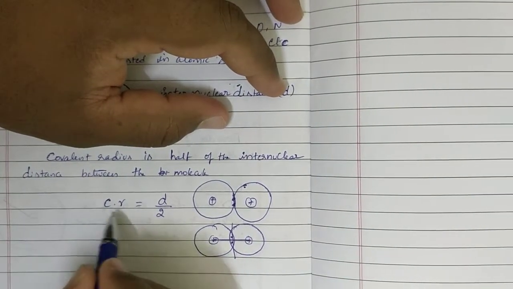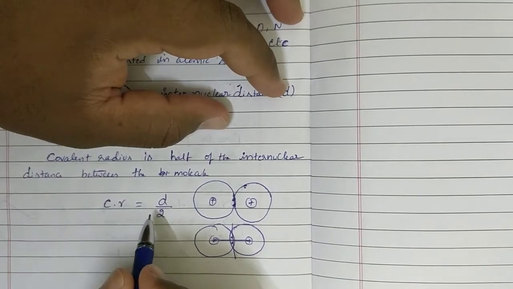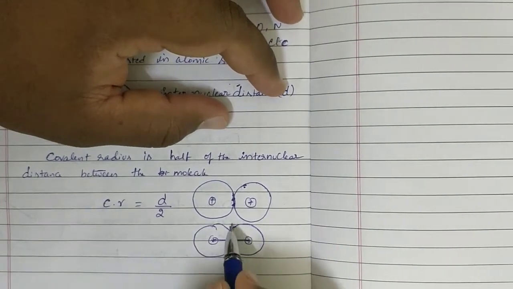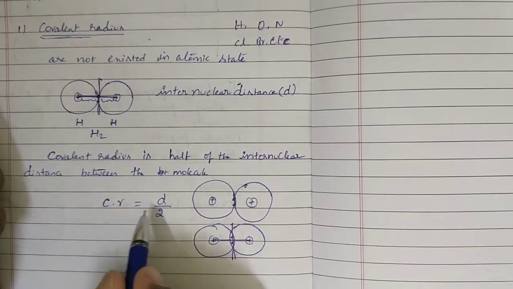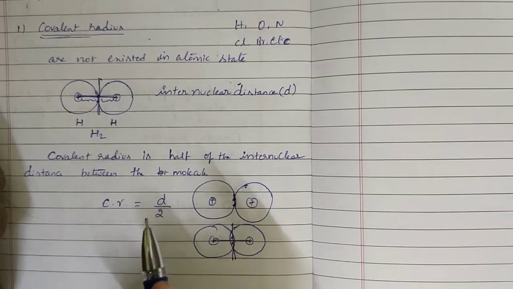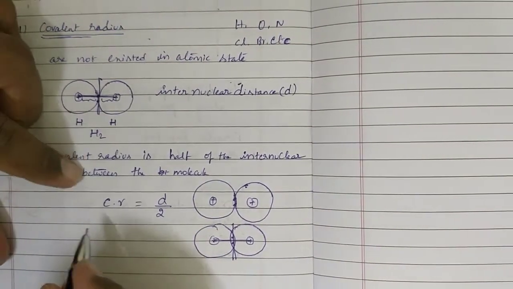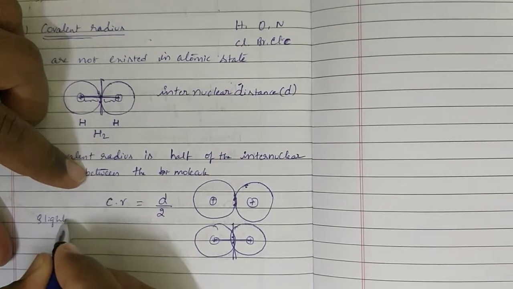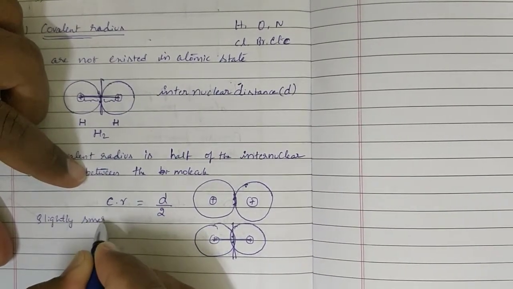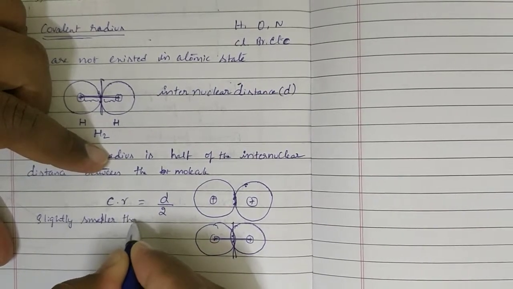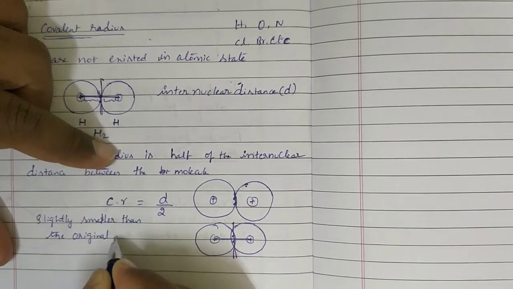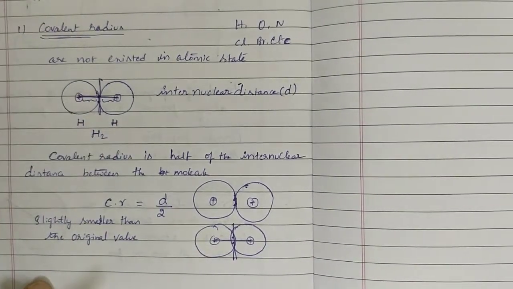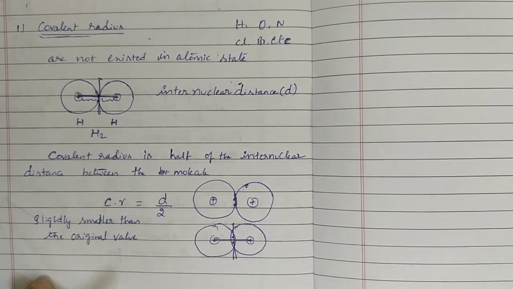Whatever covalent radius we get by using the formula d/2 is slightly smaller than the original value.